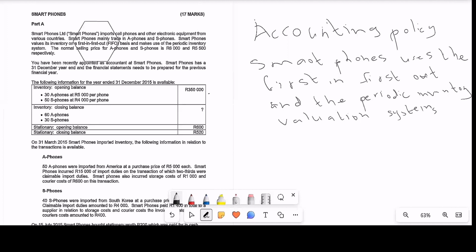So this is the accounting policy, and for this you'd get all your marks by stating this.